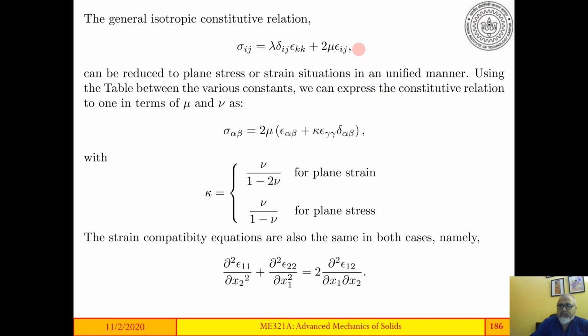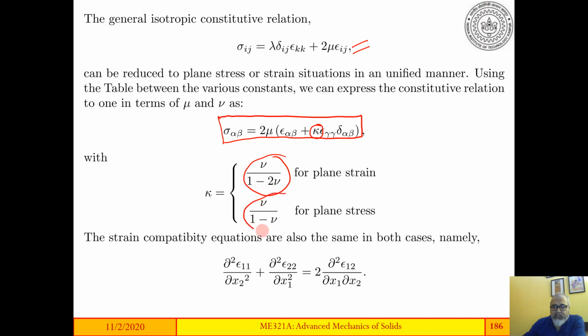This is the constitutive equation for the general case, and then you can show for the plane strain and the plane stress case that the constitutive equation can now be expressed in this form, where the only thing that changes is kappa, where kappa is this for plane strain and this for plane stress.